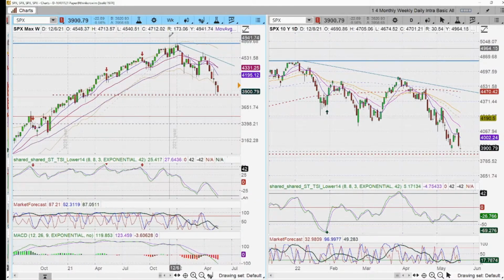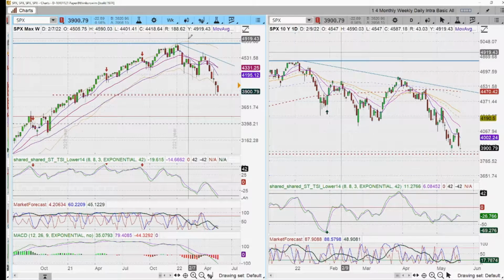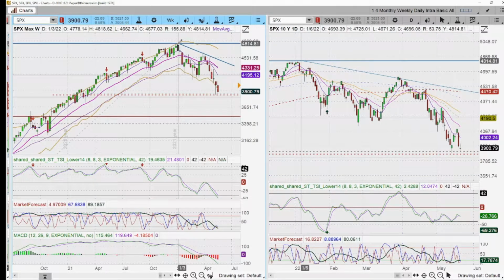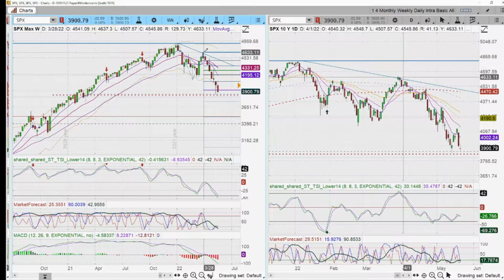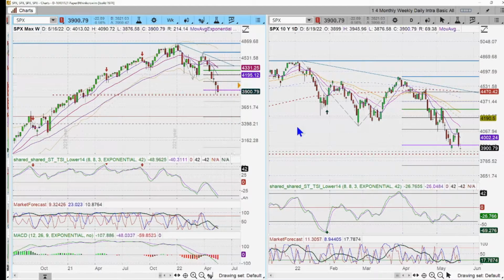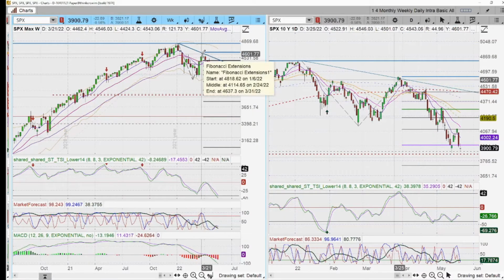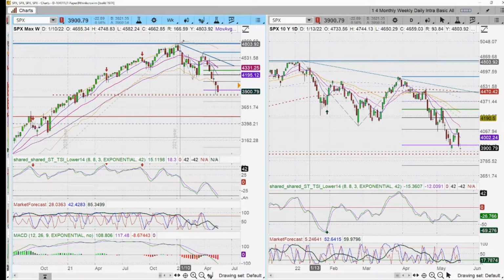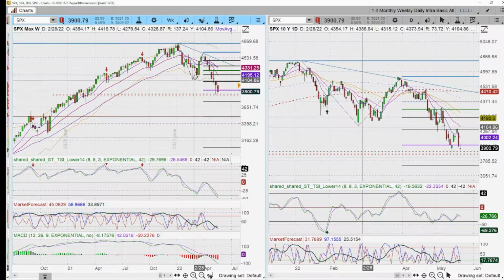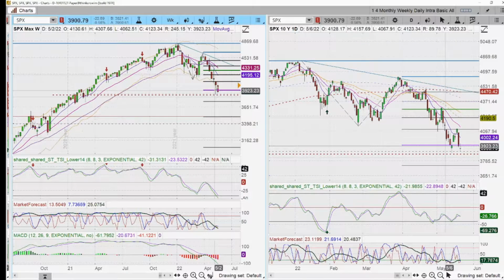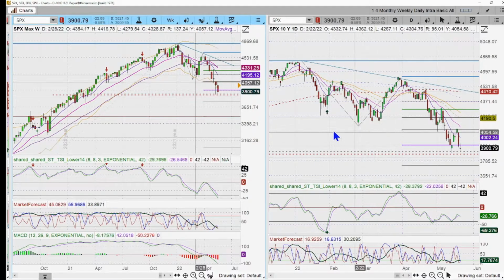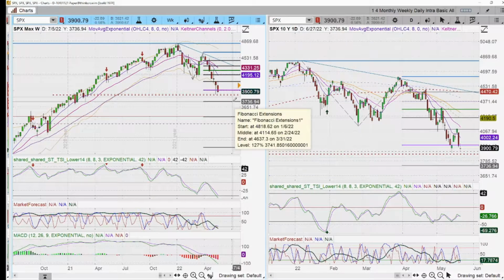Let's get this up where we can see a little better. I want a projection on where this could fall to. Have we already reached that trajectory? As you can see, symmetry with that initial fall from the beginning of the year to the fall in the last part of February has already been reached. Where's the next target? The next target is at the 1.272 extension.